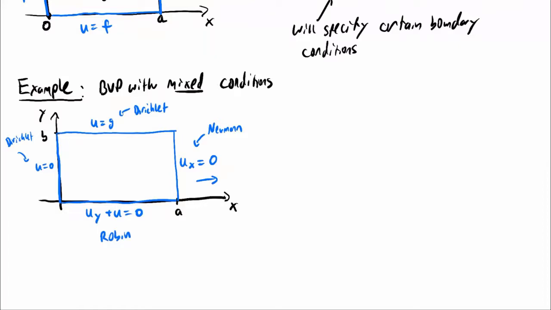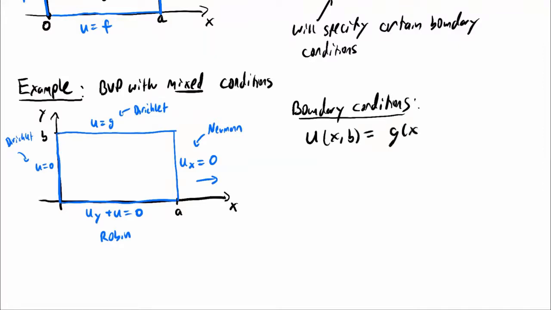And so more precisely, what are our boundary conditions? Let me write them out. The first one was the Dirichlet condition. So when y is equal to b, I want to specify u of x,b is equal to g of x. When y is equal to 0, we have this Robin condition.